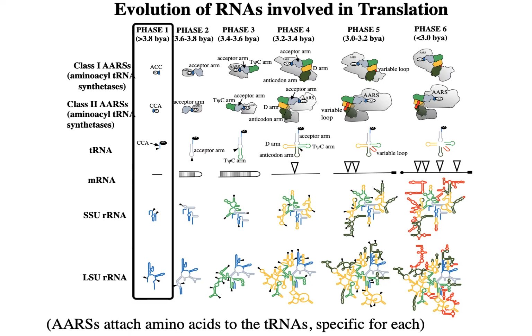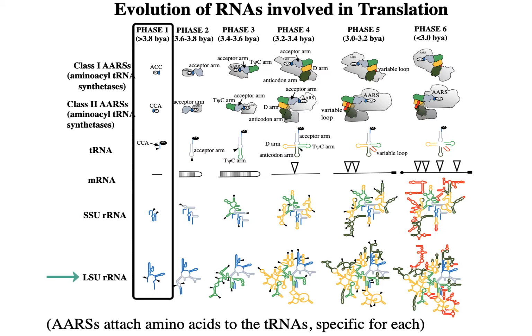So the first phase was here, greater than 3.8 billion years ago. The tRNA consisted primarily of just the CCA tail, which was where the amino acid was added. The class 1 and class 2 aminoacyl tRNA synthetases may have been very small and possibly RNA molecules at the beginning. mRNA was a short piece of RNA. The small subunit was quite small and probably functioned to move other RNAs around already.